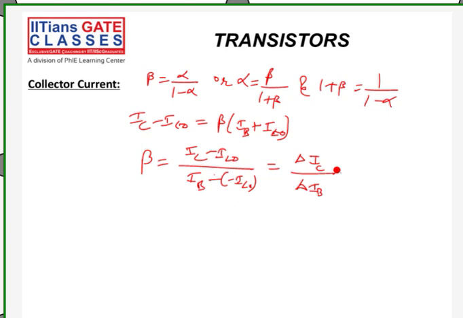This is our beta. Beta is delta IC divided by delta IB. So these are the basic things we should know about the transistor. Then only we will be comfortable with the questions also. That is the ratio. So we should know and remember all these formulas. Now we'll come to another concept.